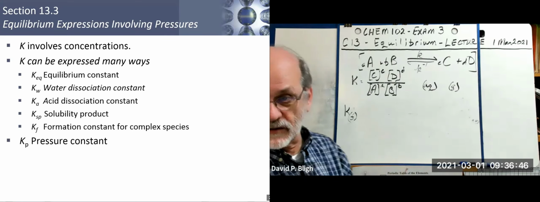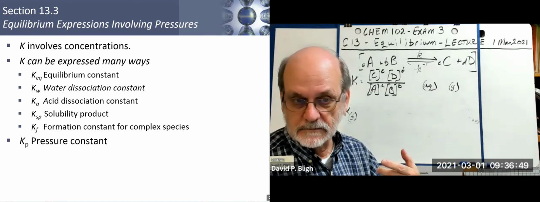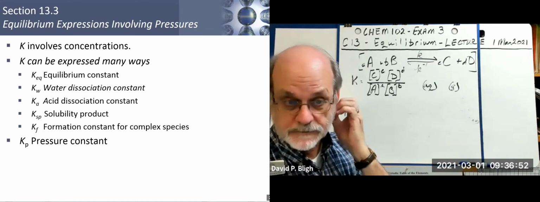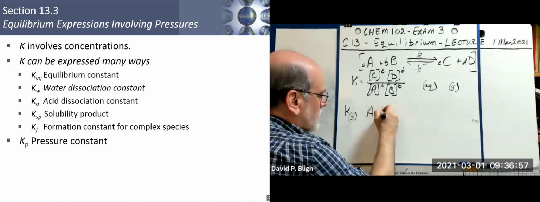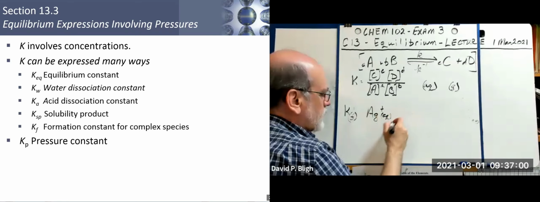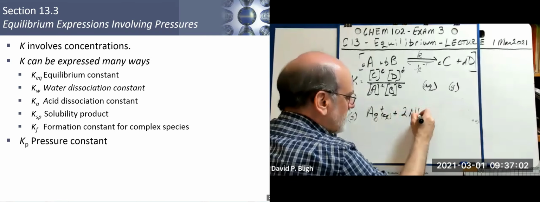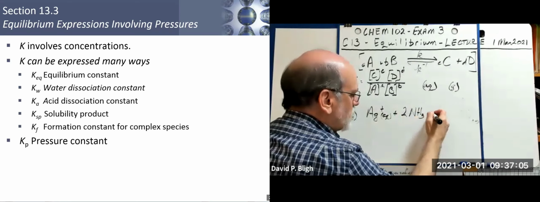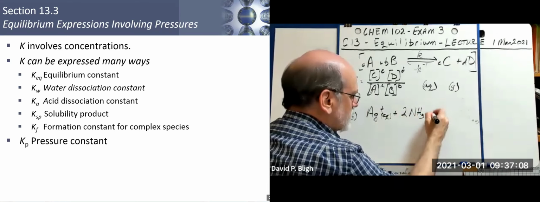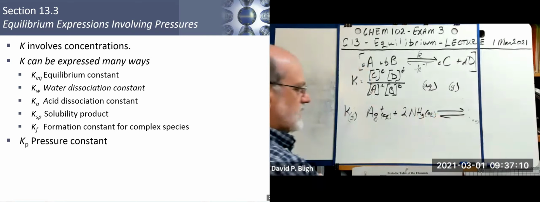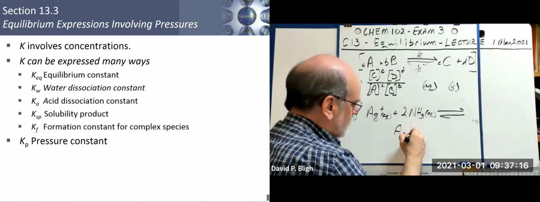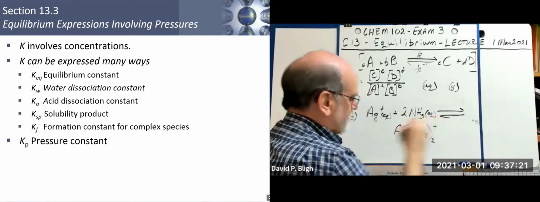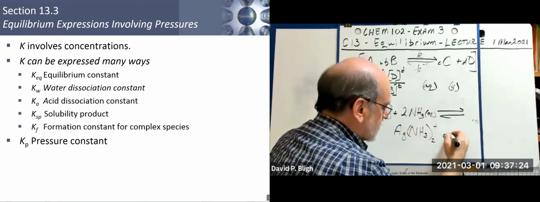So here's an example that you're going to study later on toward the end of the semester, in the labs, that is. If we take silver in aqueous solution and we combine it with two ammonias in aqueous solution, then it will form a complex ion, like that, in aqueous solution.